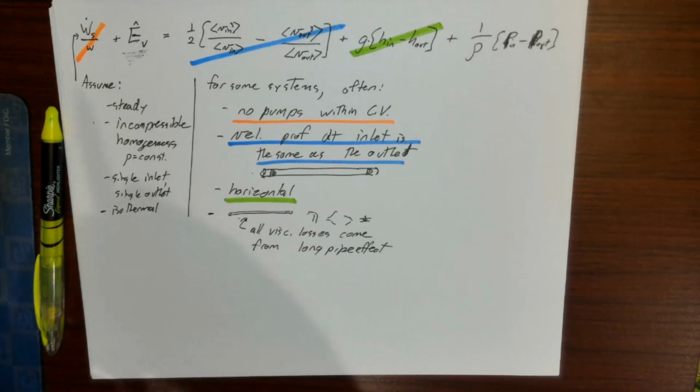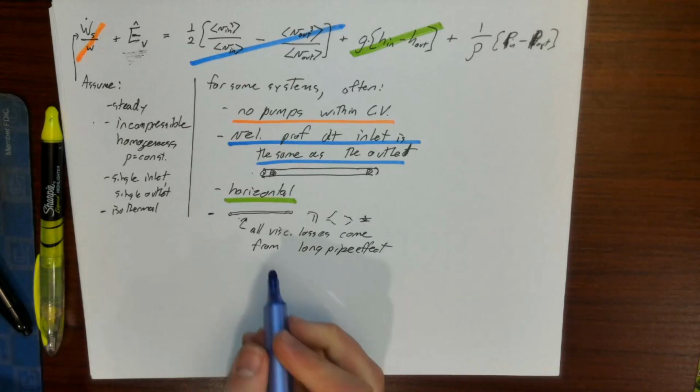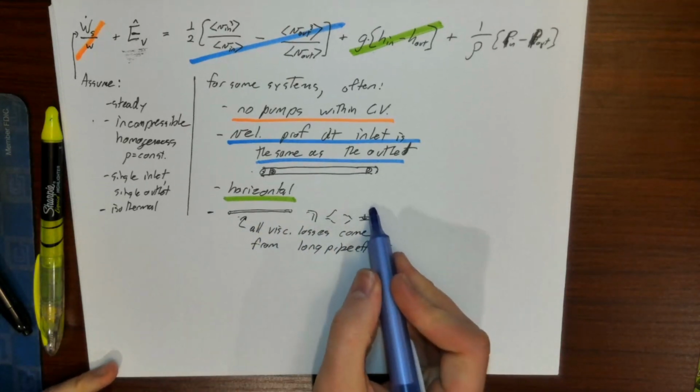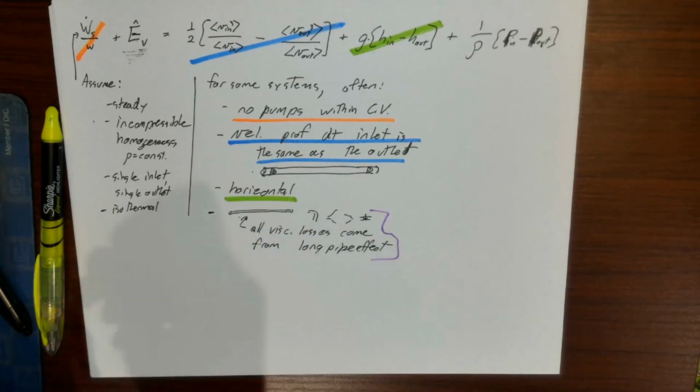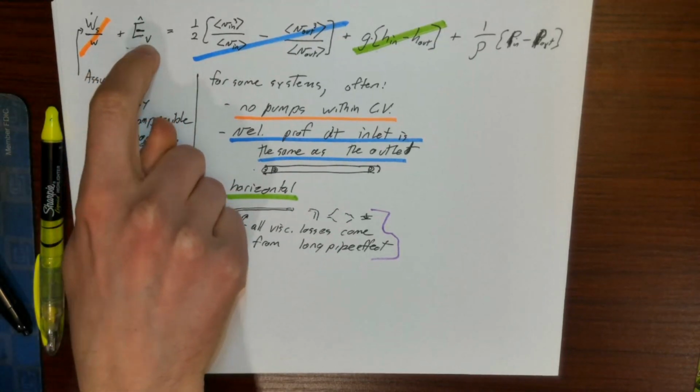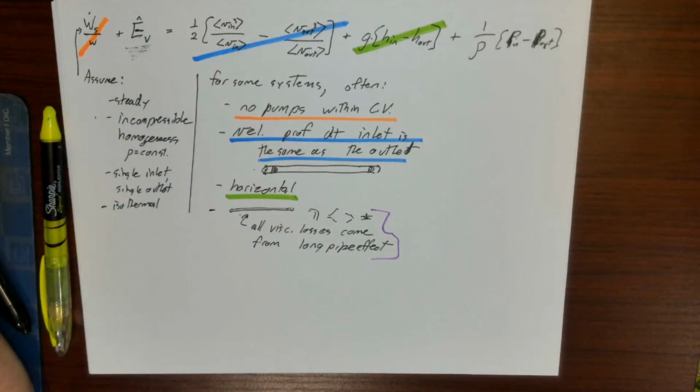So let's explore the implication of that, right? If we have all of our viscous losses essentially coming from this long pipe effect, we can sub in one particular expression for this viscous loss term.